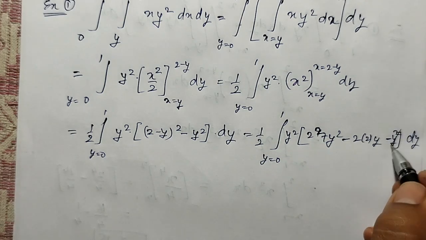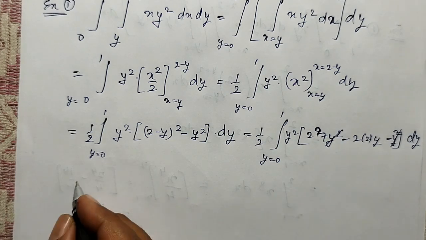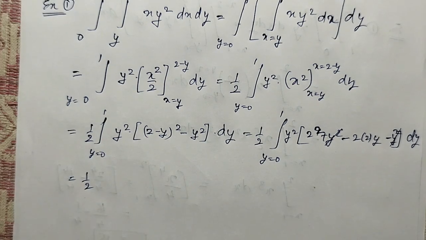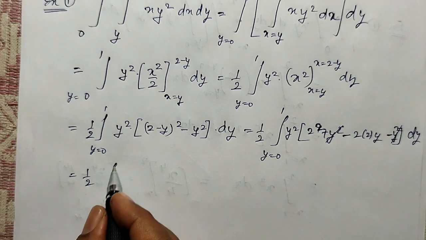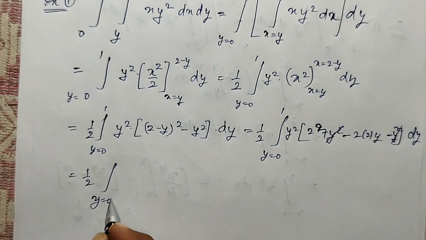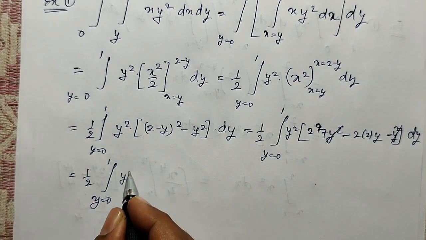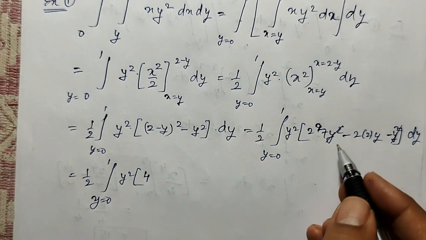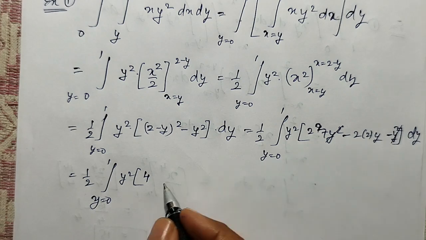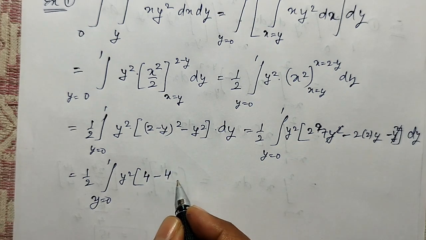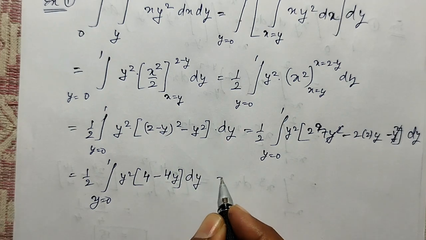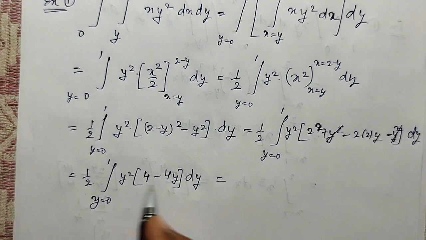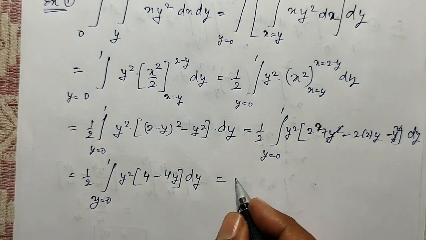Therefore this y square and this y square cancel. Finally we remain with 1 by 2 integration from y equal to 0 to 1, y square into bracket: 2 square is 4, y square cancelled, minus 4y has remained, into dy. Still a product is there. I will simplify this bracket and then I will integrate.